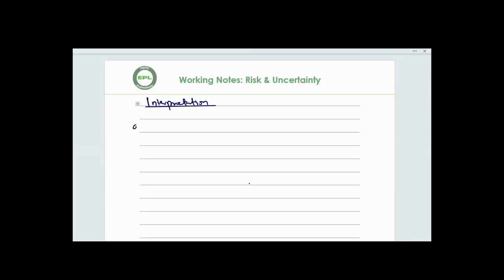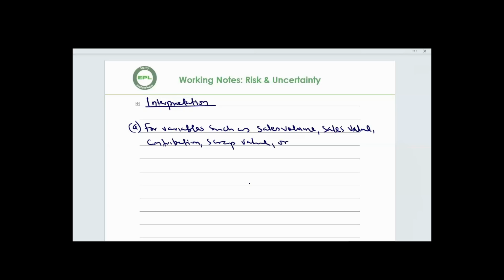A, for variables such as sales volume, sales value, contribution, scrap value, or project life, how do you interpret this?